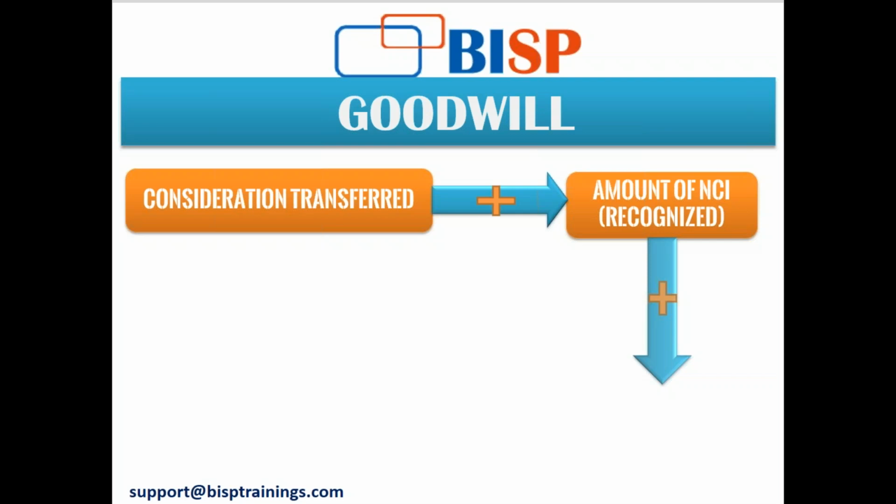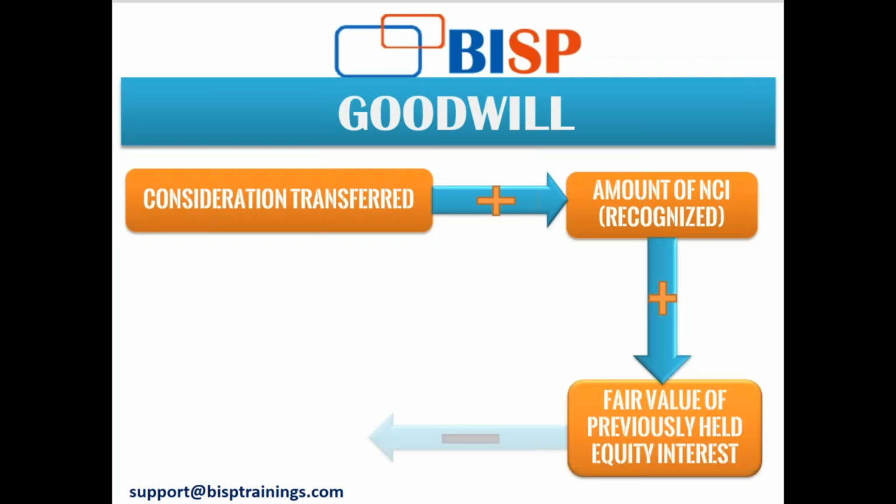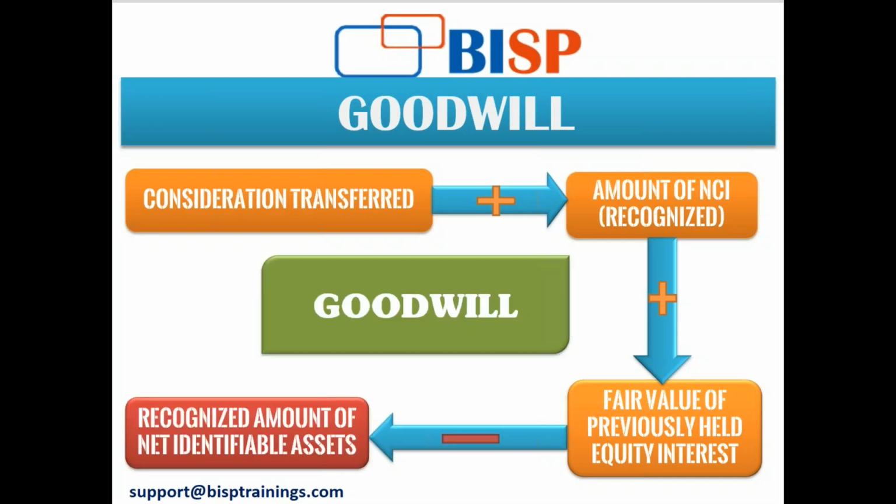Yeah, let's start with this first example. My case scenario is that acquirer company AC acquires 80% shareholding of target company, that is TC, for $150 million.